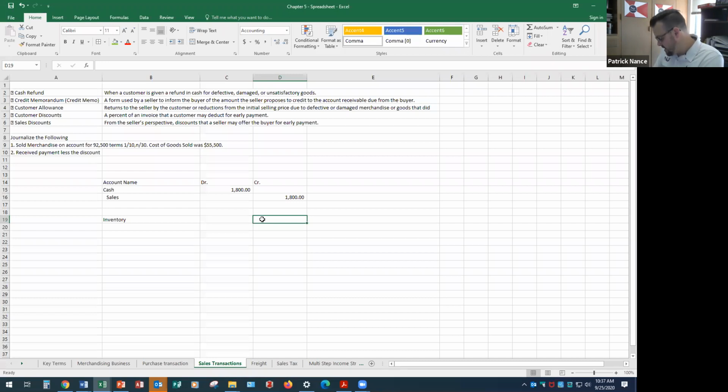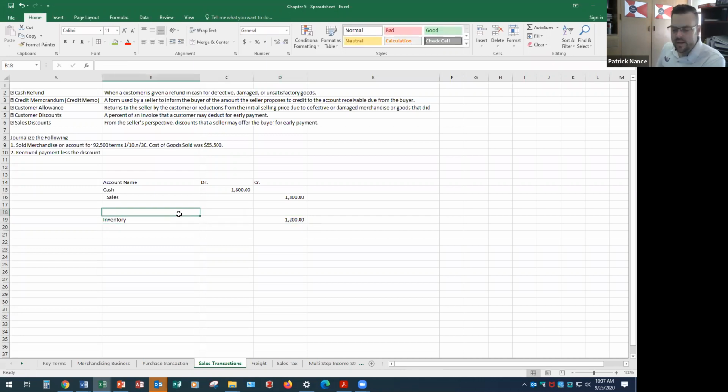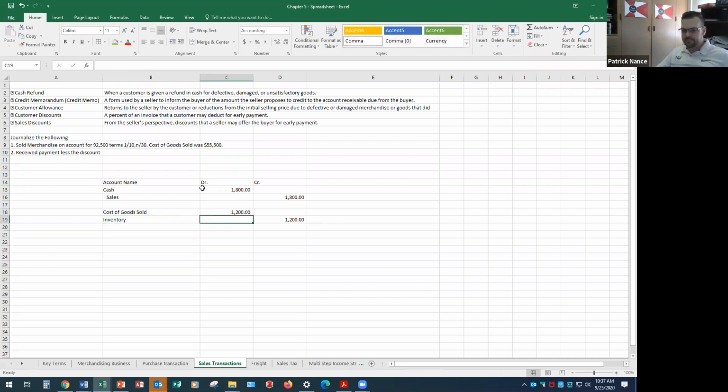In the book, this one says that the cost of goods sold, so how much that inventory cost me, was $1,200. So I'm going to credit inventory for $1,200. The other part of this, because my debits must equal my credits, is a debit to cost of goods sold, $1,200. So that would be a cash sale. If I made a sale of $1,800, and the cost of goods sold was $1,200.